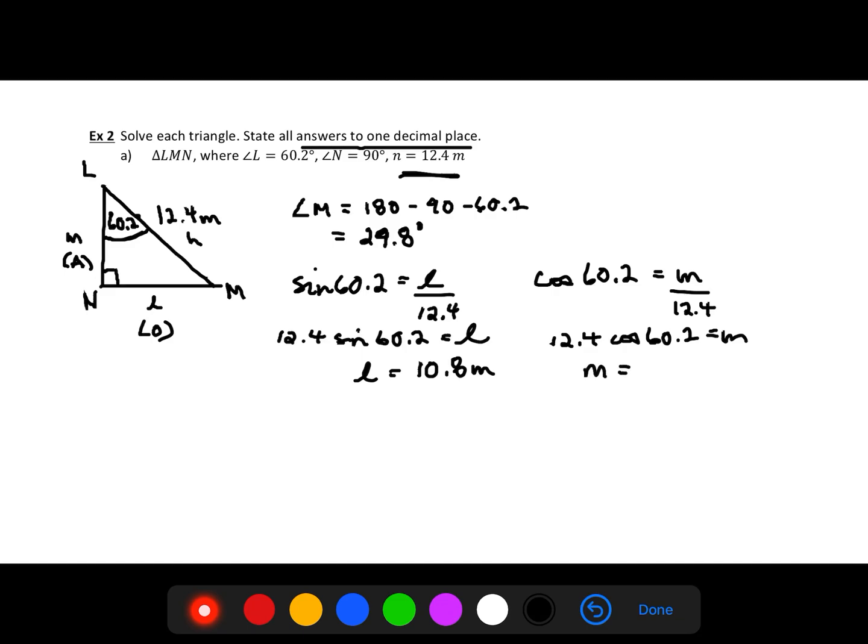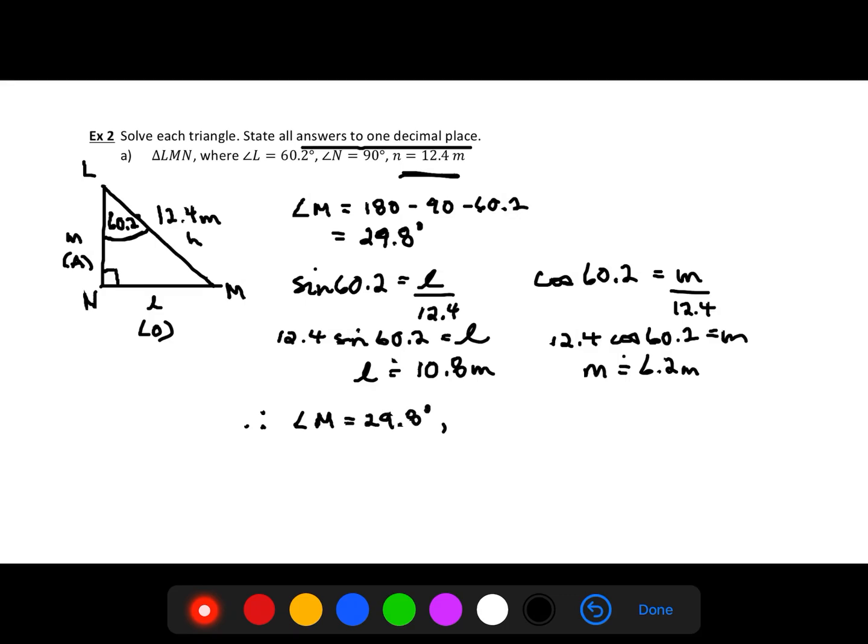Again, taking that 12.4 over to the other side to solve for M. So when we put that into our calculators, we notice that we get 6.2 meters. And we can make sure that we put little dots above our equal signs because we know that we've rounded both those answers. We didn't get exactly that value.